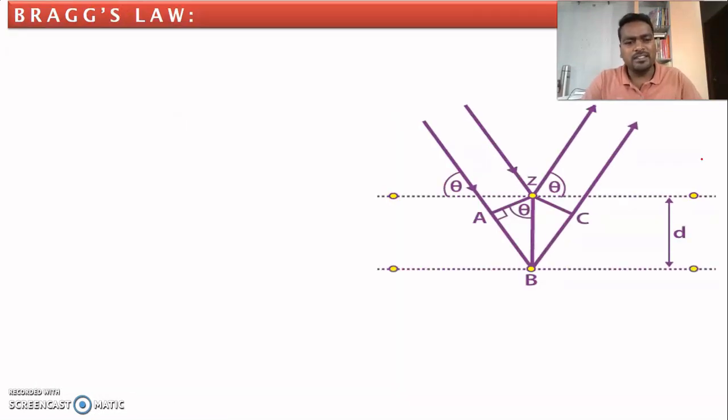So let us consider there are two planes and two beams, beam 1 and beam 2, which pass through the different planes of the crystal, and B is the point of incidence. Through this point reflection takes place, and theta is the angle of reflection and theta is the angle of incidence, both are the same.